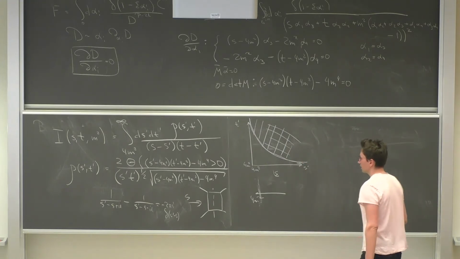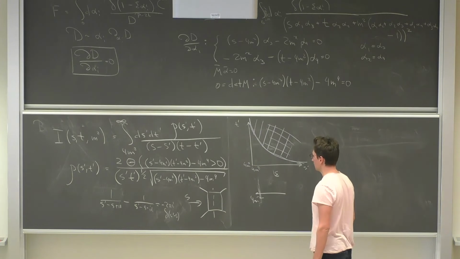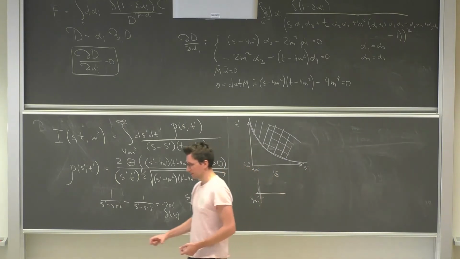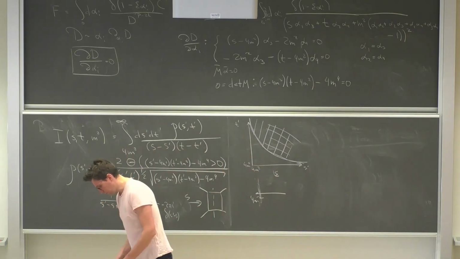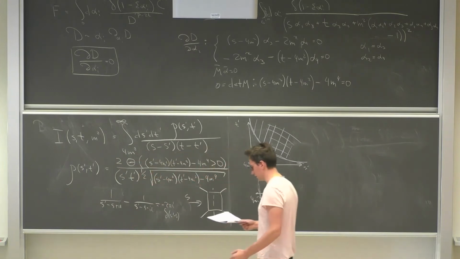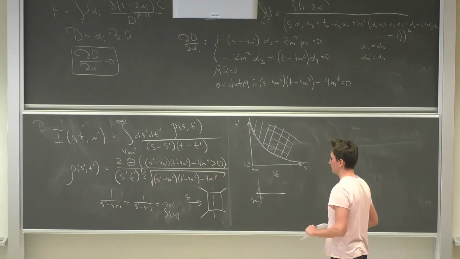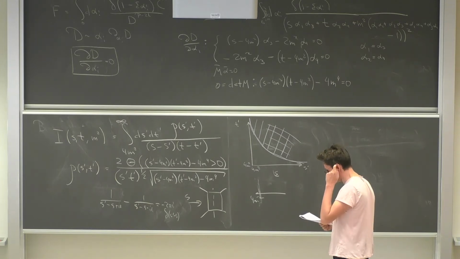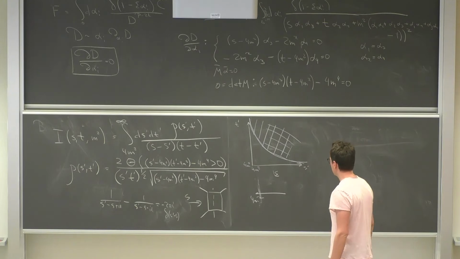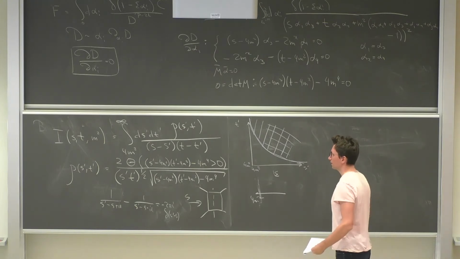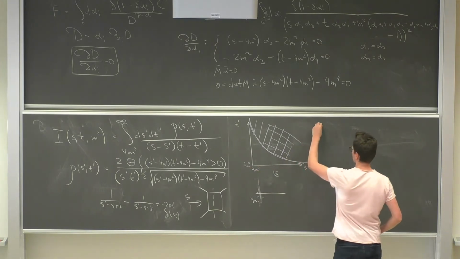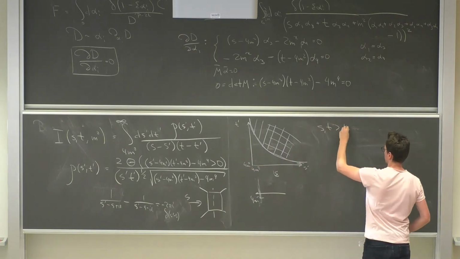Now you see, what is the analytic property? What are the properties of this guy? There is one property which is very cool and quite non-obvious. At least I don't know how to see it just by staring at this formula. But it is a true fact, and it is derived in the notes. And the fact is the following. Let me go to the region where both S and T are larger than 4m squared.